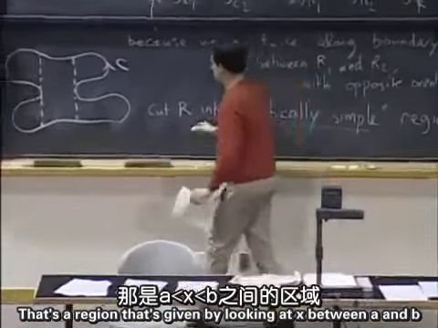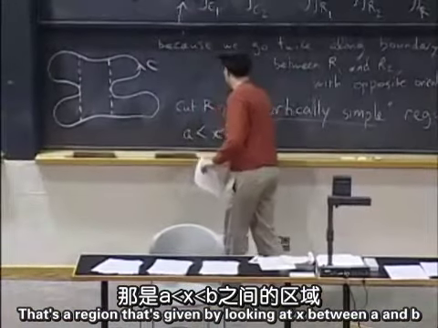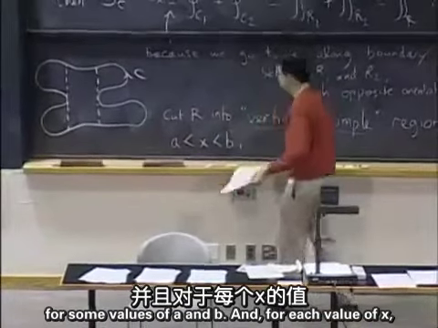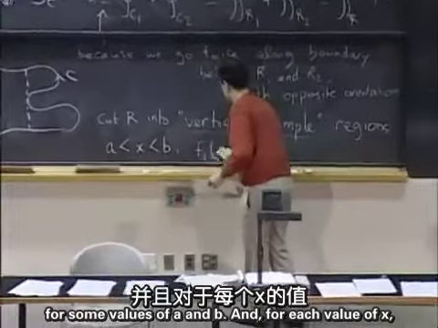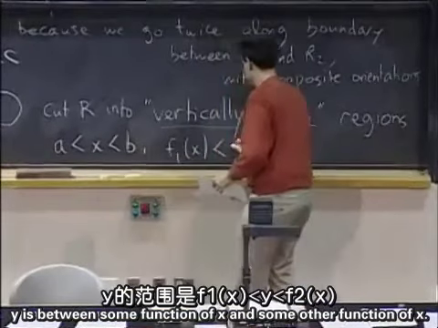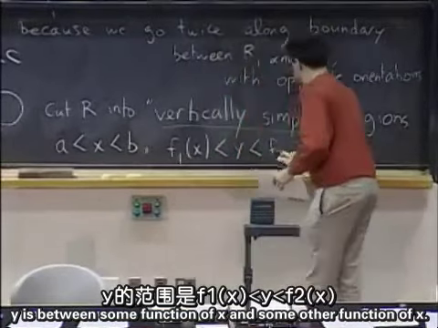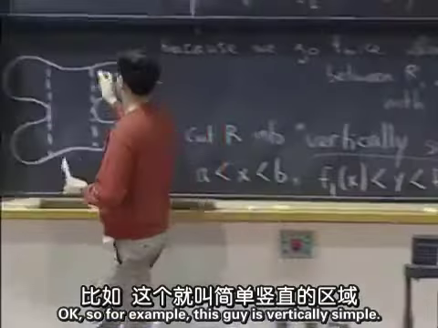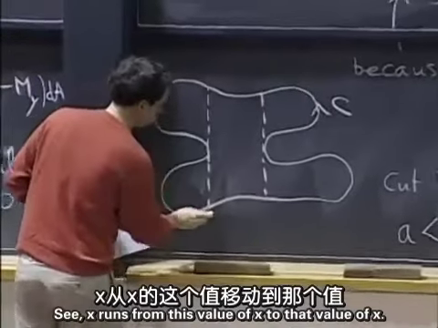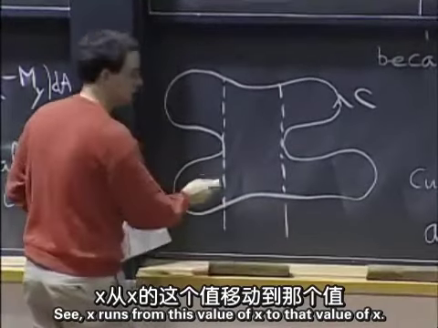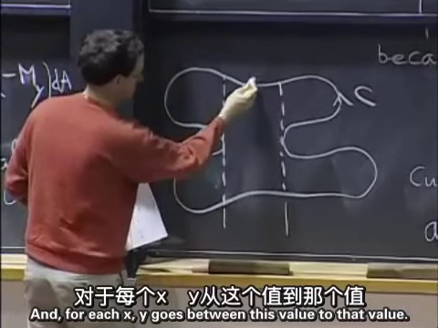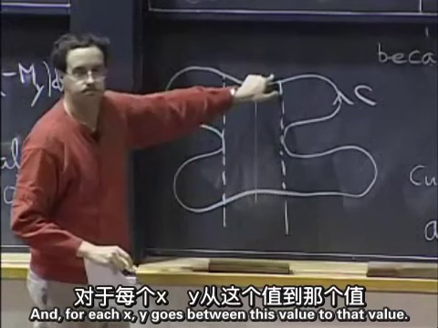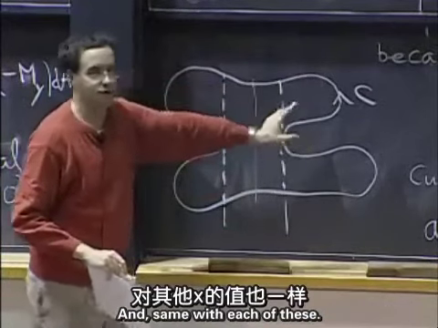That's a region that's given by looking at x between a and b for some values of a and b, and for each value of x, y is between some function of x and some other function of x. Okay, so for example, this guy is vertically simple. See, x runs from this value of x to that value of x, and for each x, y goes between this value to that value. And same with each of these.